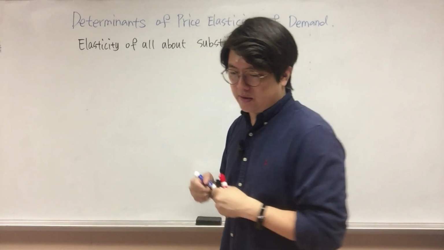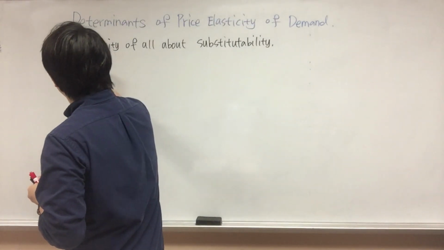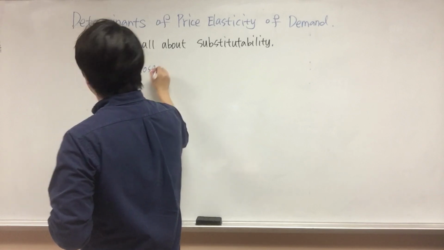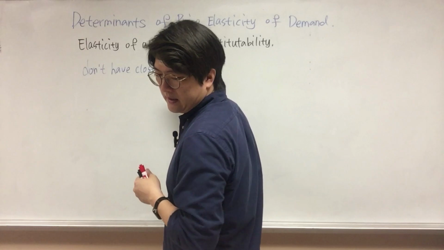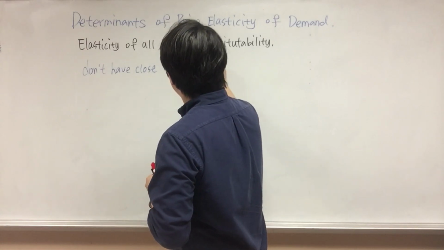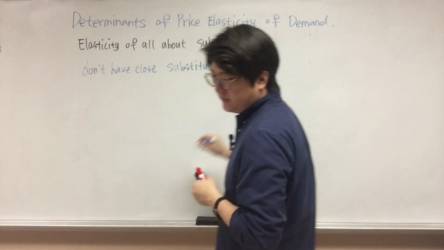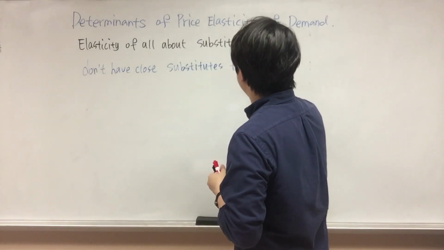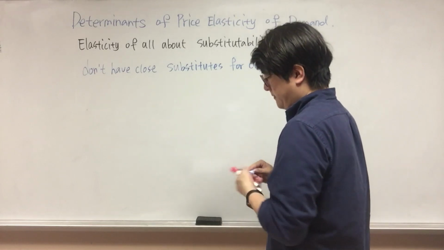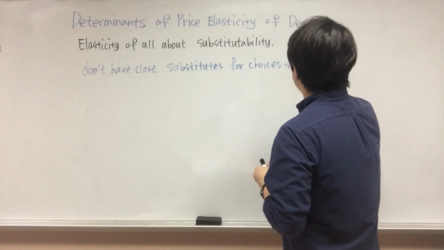Okay. So if you don't have close substitutes for choices, it is what? Inelastic.